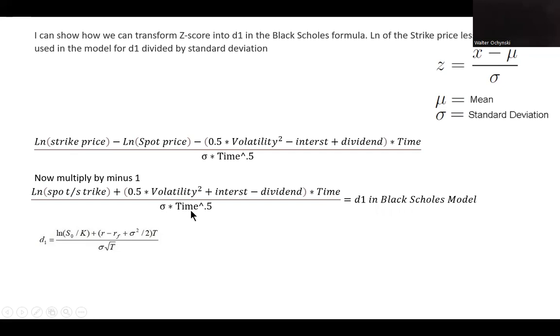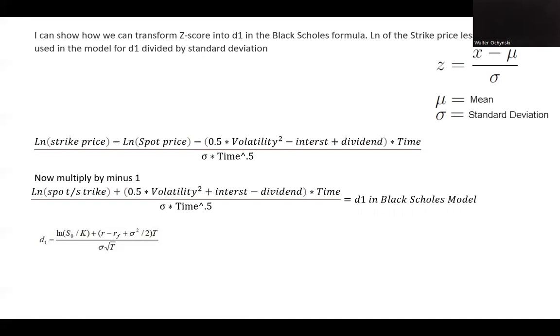And what we have calculated is simply D1. So we are exactly at D1 which Black Scholes uses in their model.